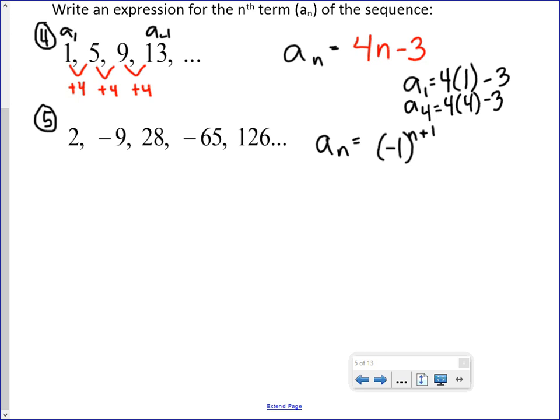You wrote down a list of perfect cubes in the warm-up. 1, 8, 27, 64, 125. Now you're looking at 2, 9, 28, 65, 126. You're just adding 1 to those perfect cubes. So you want to multiply this change of signs by n cubed plus 1. Ta-da, you wrote the rule.